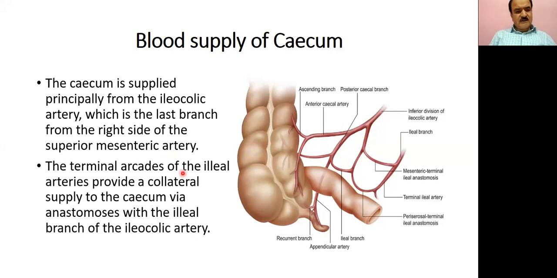The terminal arcades of the ileal arteries provide a collateral supply to the cecum via anastomosis with the ileal branch of the ileocolic artery.